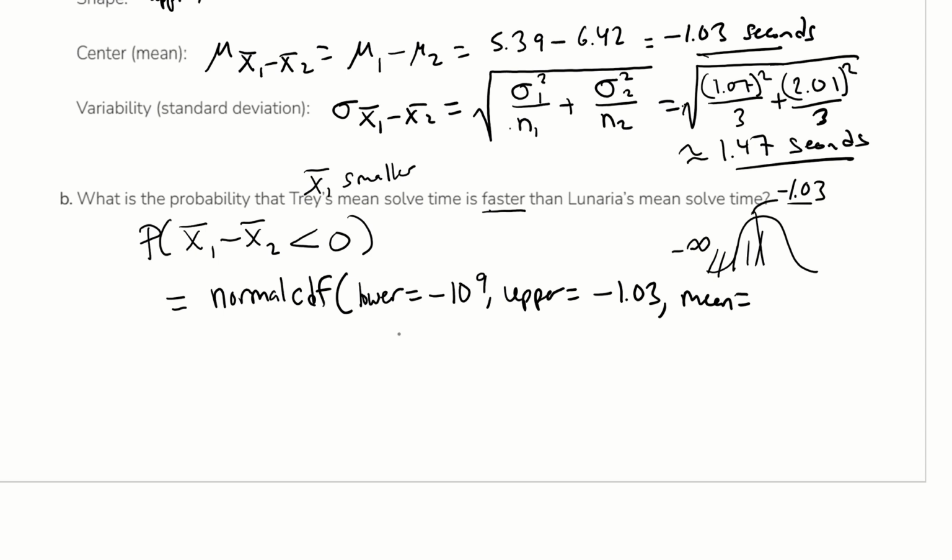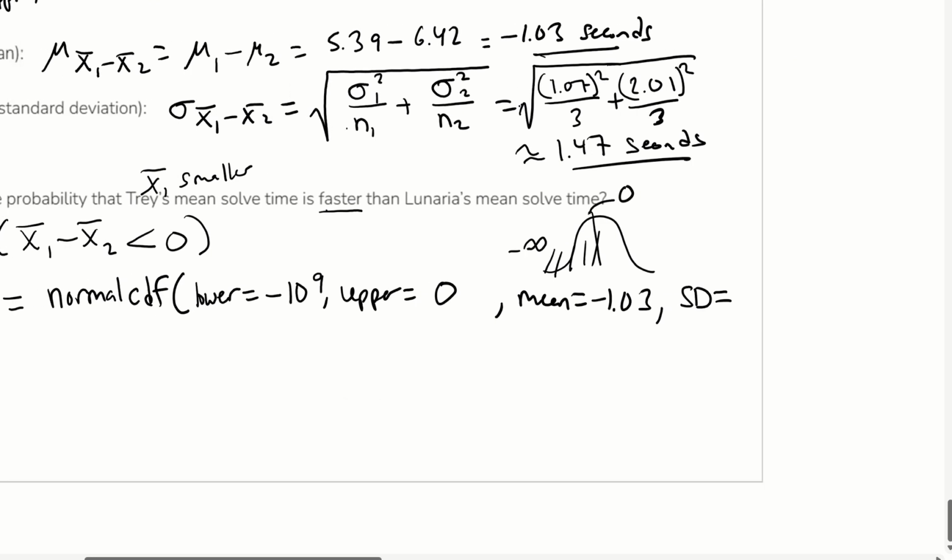I'm sorry, we want the upper to not be negative 1.03. We want the upper to be 0, less than 0. The mean is negative 1.03 because that's what we got for the mean, and the standard deviation is 1.47 because that's what we got earlier. When we calculate it, we should get about 0.7580.